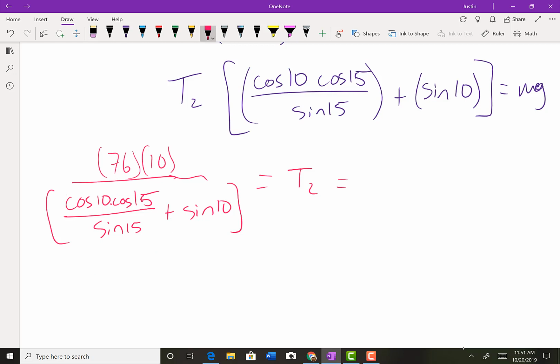So cosine 10 times cosine of 15 divided by sine of 15 plus sine of 10. Make sure you're in degree mode. And then I have 760 essentially divided by my answer, and I get 197 for T2. Newtons. Got it.